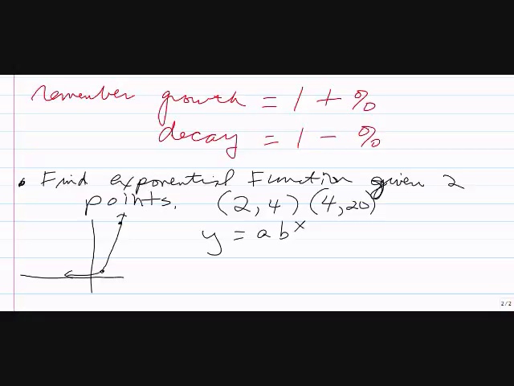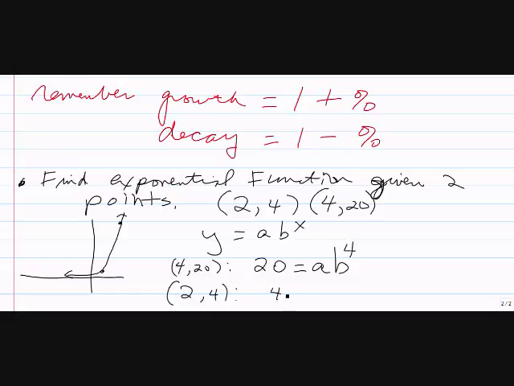I like a little shortcut method. I like to substitute in the point with the bigger x first. So I'm going to substitute the (4, 20) into this equation. So I get 20 equals a times b to the 4th power. And then I'll substitute the (2, 4).